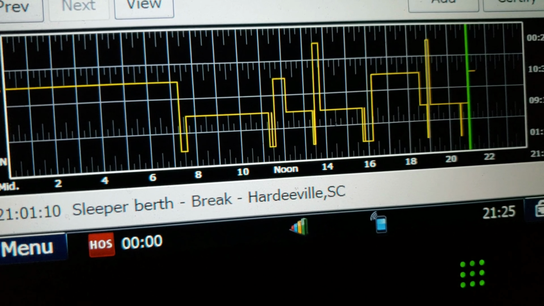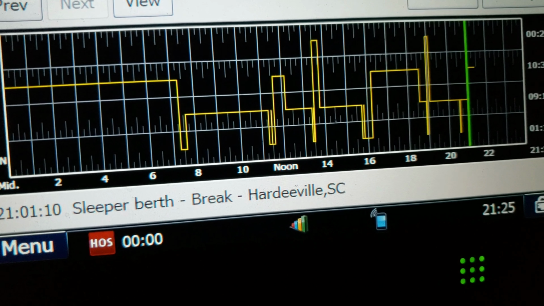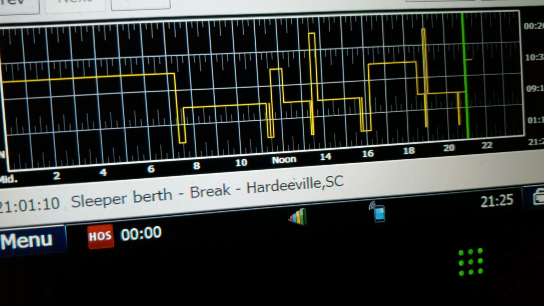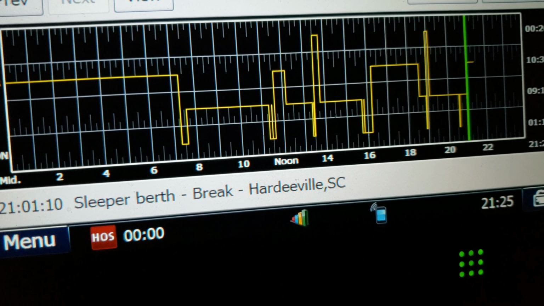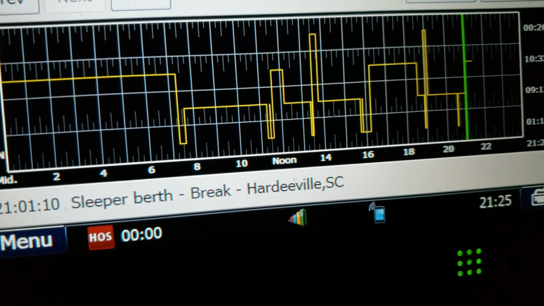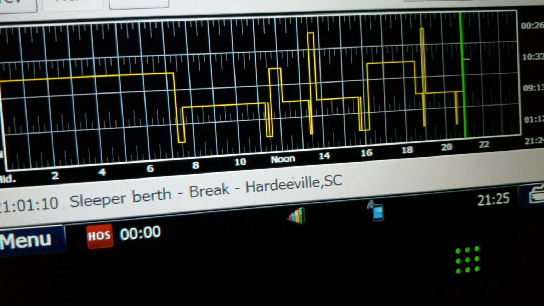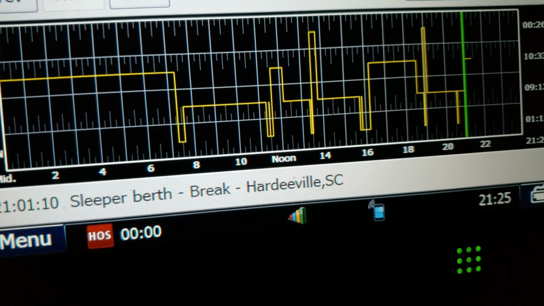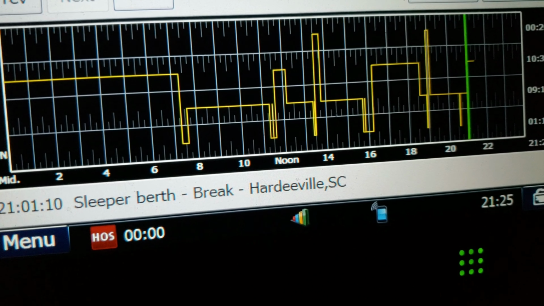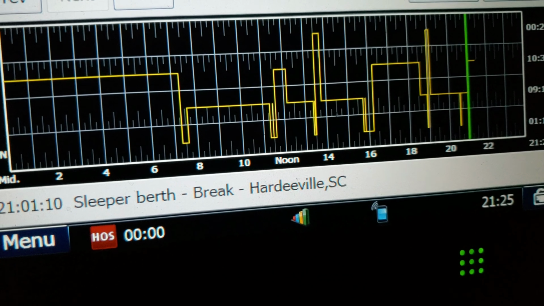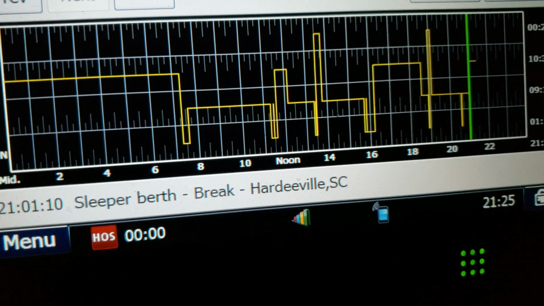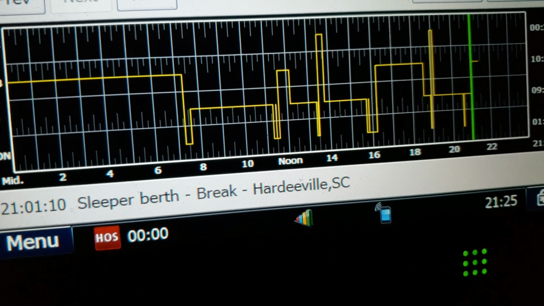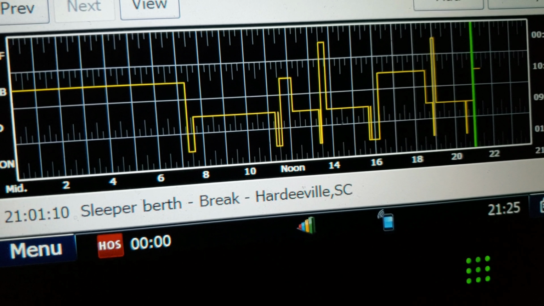If you look on this log right here, from 1830 until 1900, I show a half-hour drive time. Then about 1900 to 2000, I show an hour drive time. Then again from 2000 to 2100, I show another hour drive time.